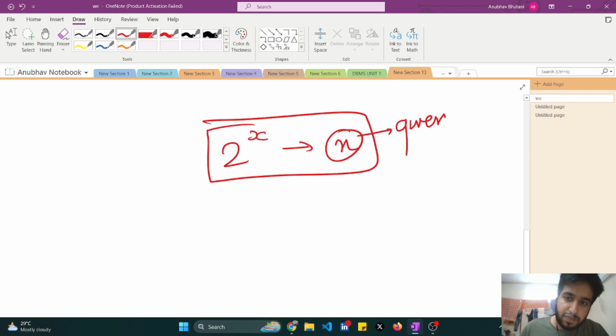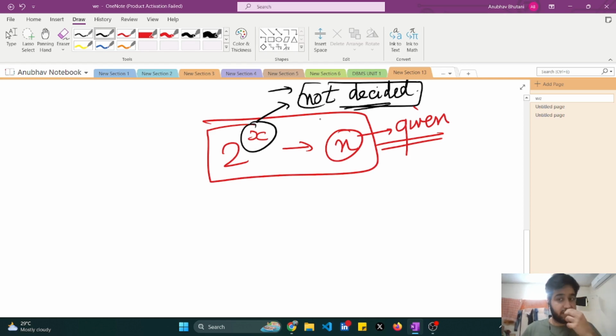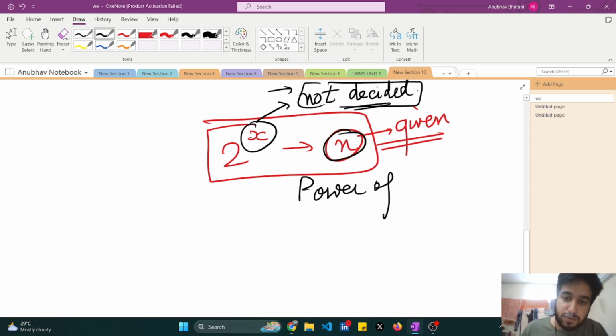This n we are given, and x is not decided; it can be any power. So if 2 raised to some power gives us n, then the number is said to be a power of 2.